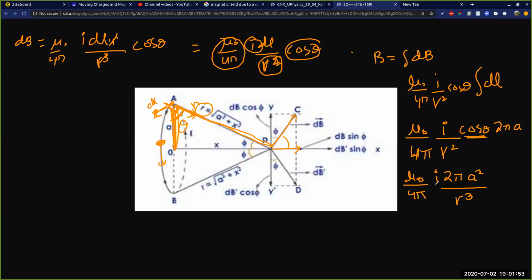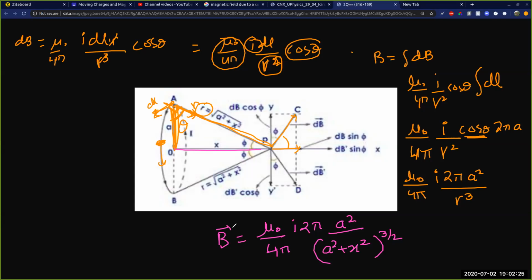If you want to write this in terms of X, R is under root of A square plus X square, so A square plus X square raised to 3 by 2. This is very interesting because it comes in school exam derivations, and questions based on it come in competitive exams as well.